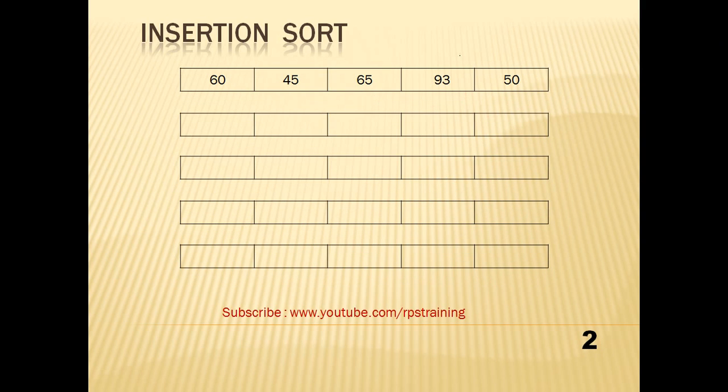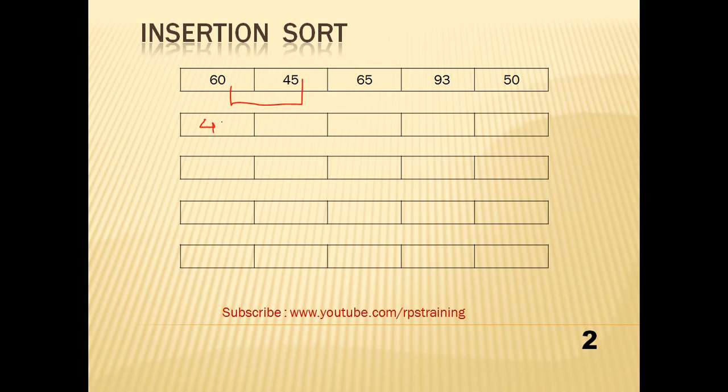This is the status of the array till now: 60, 45, 65, 93 and 50. Okay, again these elements will be interchanged because 60 is greater than 45, so one interchange will be done.